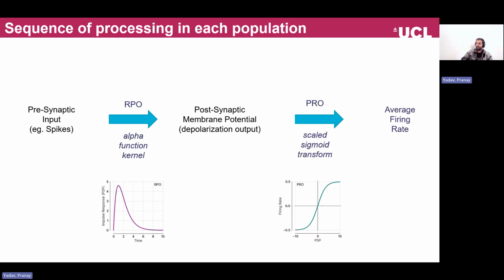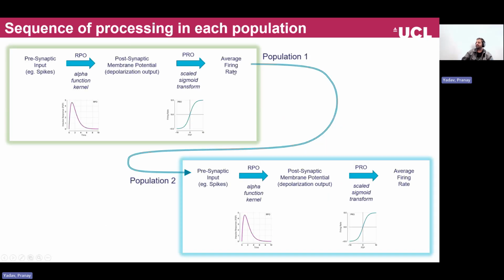Now, this membrane potential is converted to a firing rate by the sigmoid transform, or the potential to rate operator. Right, so this is one population. If we look at two populations, this average firing rate from one population is fed to another population where the same process goes through.